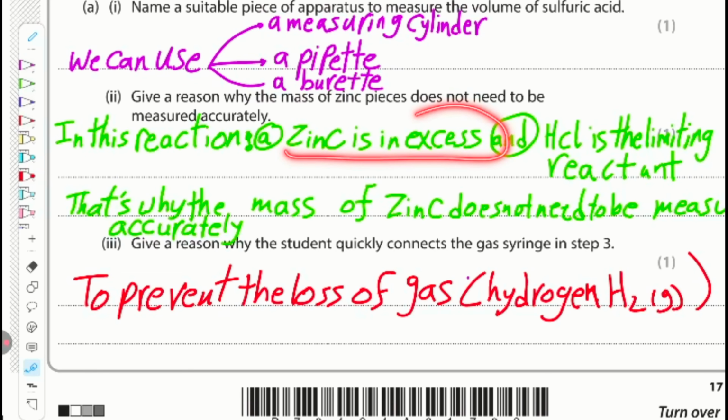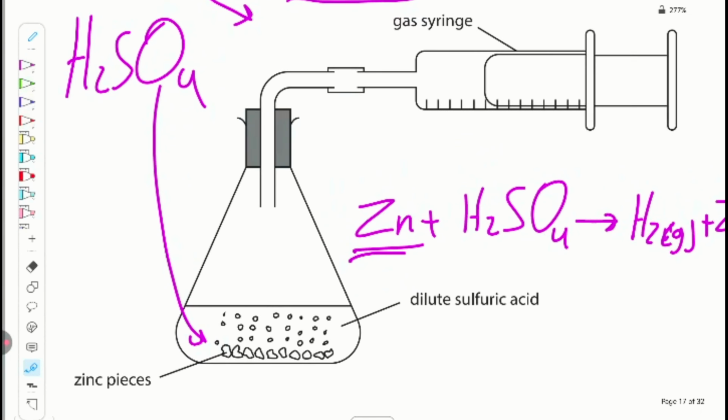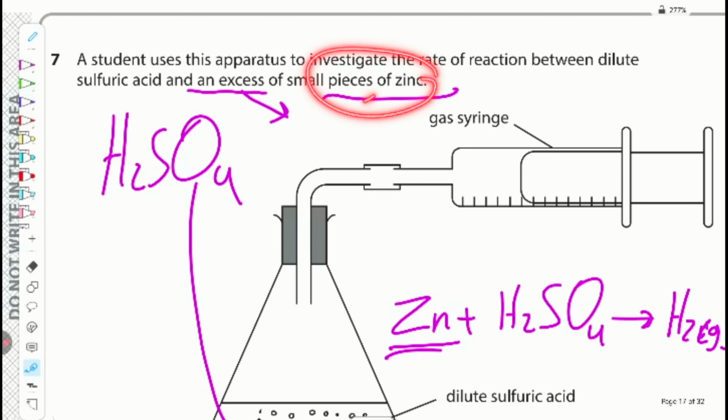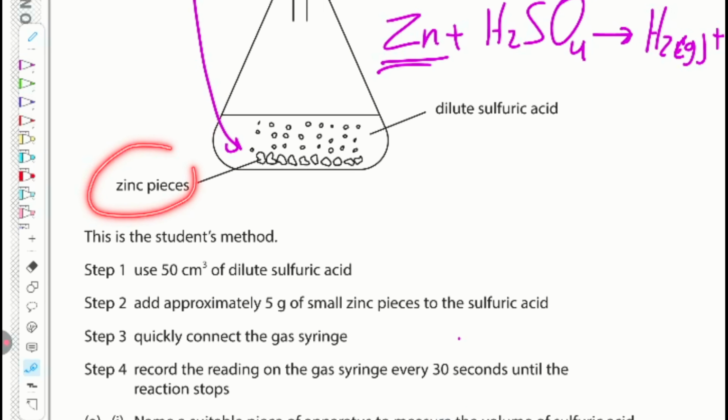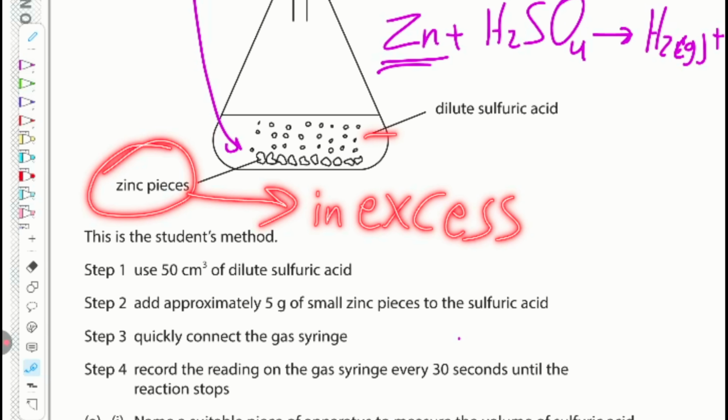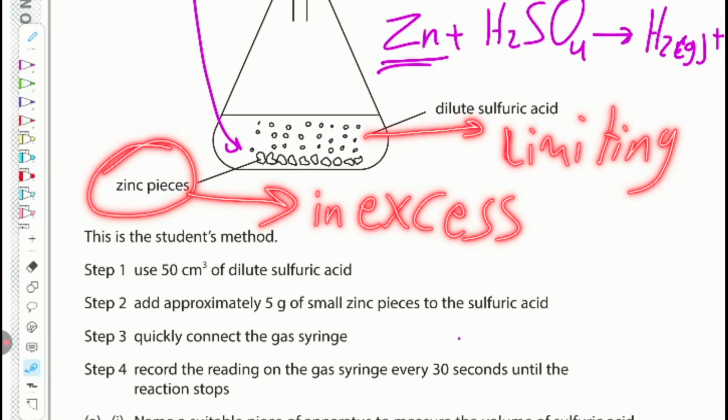In the question itself, they say that the zinc is in excess, which means we use an extra amount of zinc to react with what? With the sulfuric acid, which is the limiting reactant.